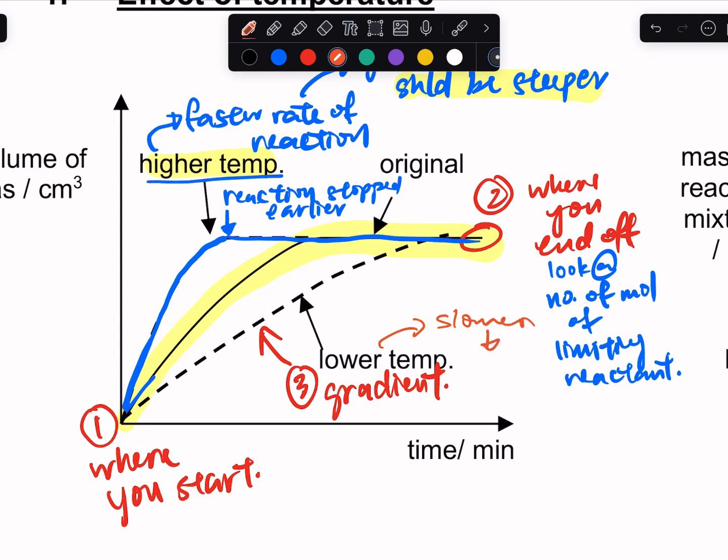Slower means gradient is gentler. So as compared to your original, it has a gentler gradient, and we can see that it will plateau off later. So the reaction stops later, but it will still end at the same point, because number of moles of limiting reactant did not change.